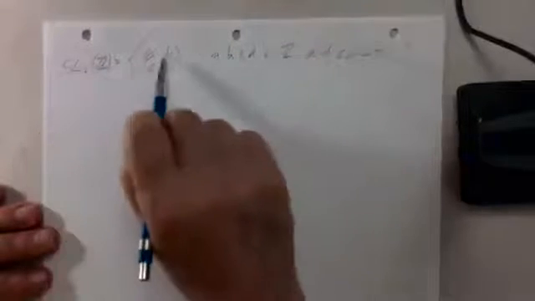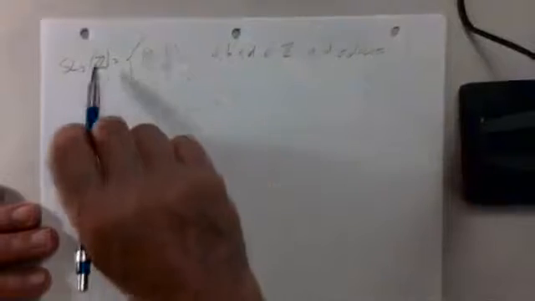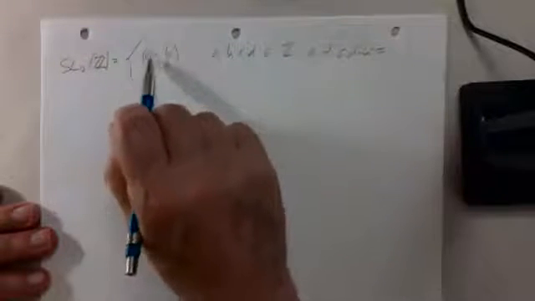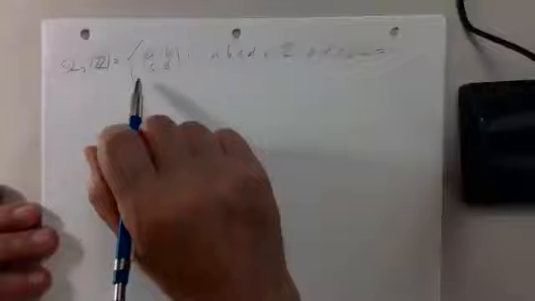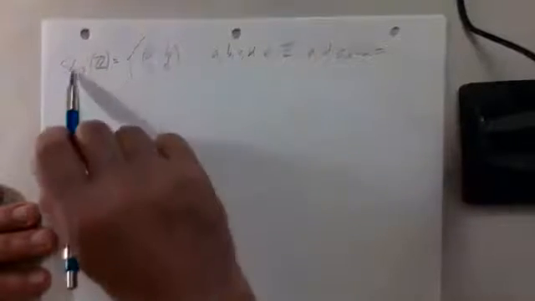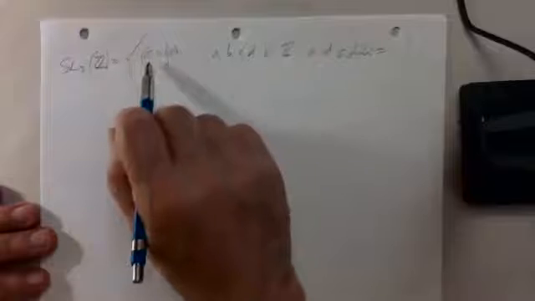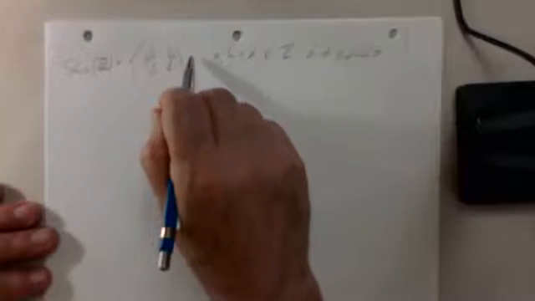The 2 stands for 2 by 2 matrices. The Z is because the entries are integers. You see, L stands for linear because these matrices come up in linear algebra, which is something you're supposed to have taken.